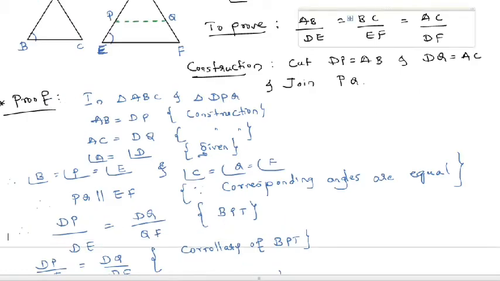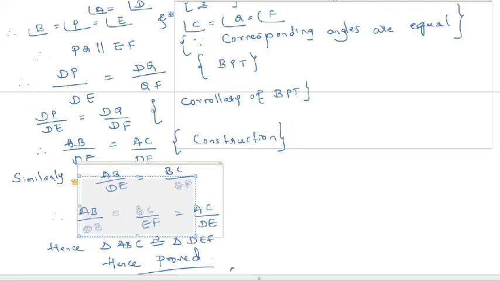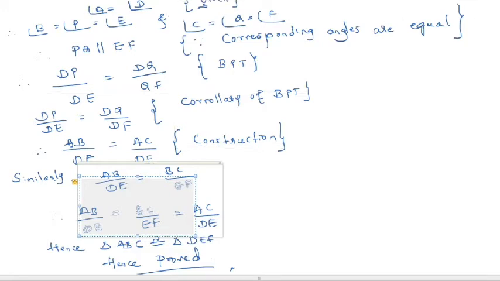If these are parallel lines, then according to the basic proportionality theorem, DP by DE is equal to DQ by QF. This much is clear. Similarly, we can write DP by DE is equal to DQ by DF by corollary of BPT, and also AB by DE is equal to AC by DF by construction, and also AB by DE is equal to BC by EF.